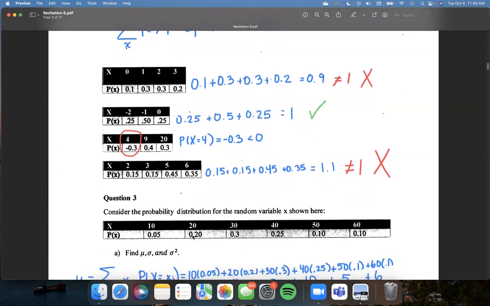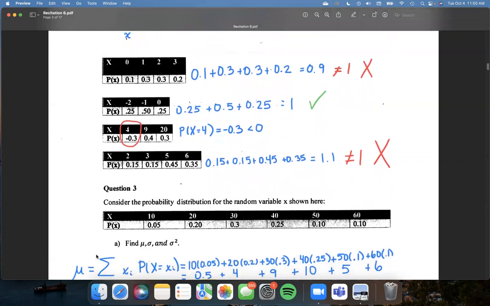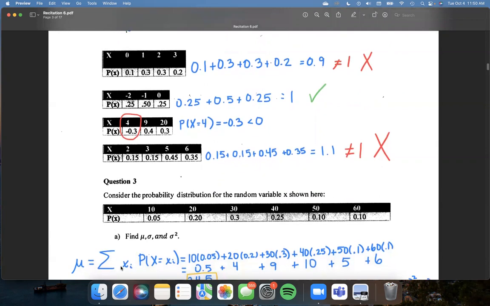So first, let's find what mu is, the expected value. We can take the sum from i equals 1, 2, 3, 4, 5, 6 of xi times the probability that x equals xi.